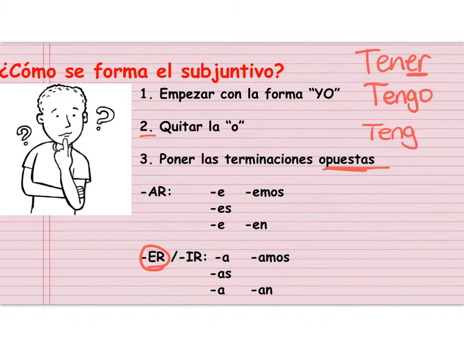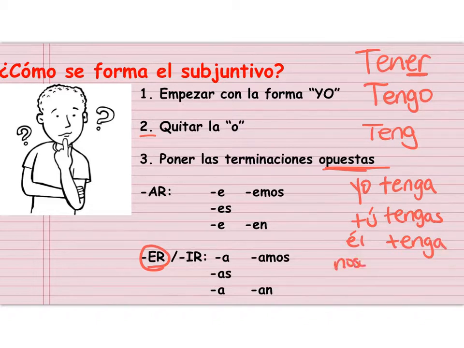So the yo form of the subjunctive of tener becomes yo tenga, tú tengas, él, ella, or the usted form tenga, nosotros tengamos, y ustedes or ellos tengan.